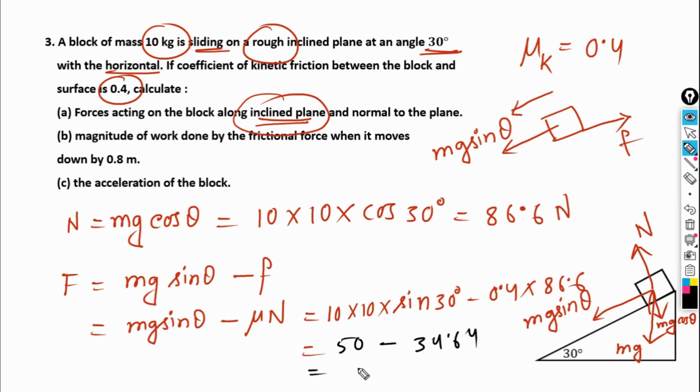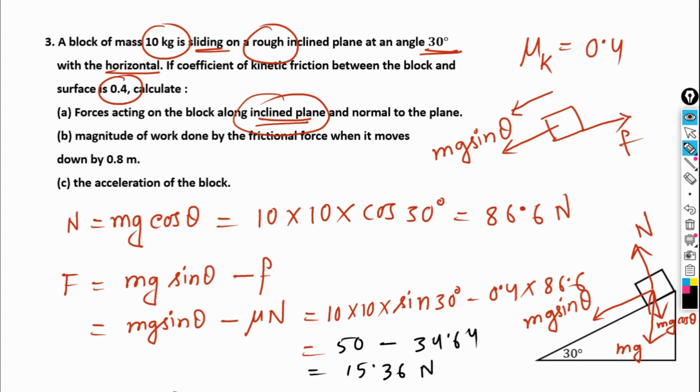So what will be the answer? 50 minus 34.64 is 15.36. We are getting the answer 15.36 Newton.